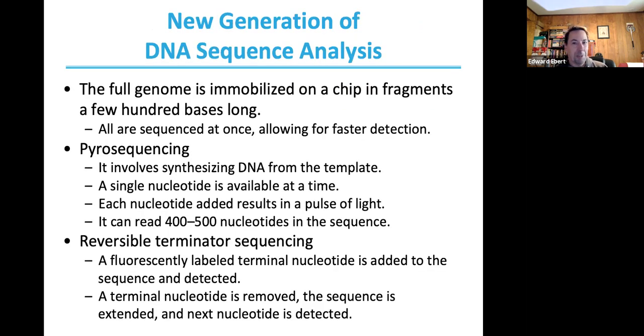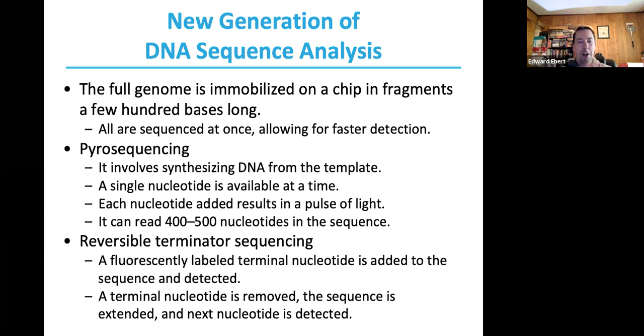So speaking of sequencing, we have a new generation of DNA sequence analysis too. We fragment the full genome, cutting it up into a few hundred bases. I always think of a small child eating spaghetti: I'll cut up the noodles into bite-sized pieces so they won't try to chew the whole long thing at once.